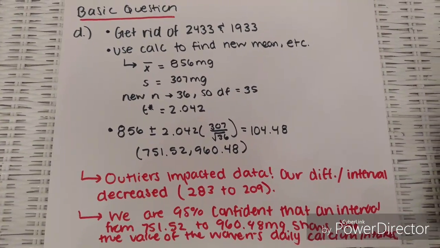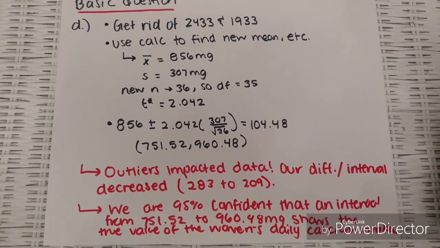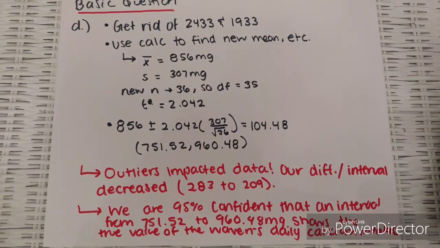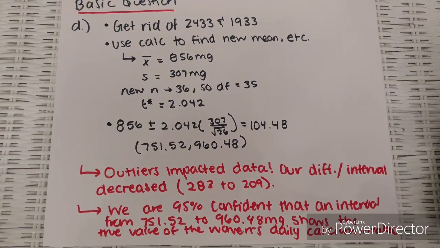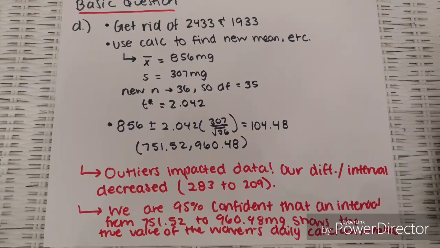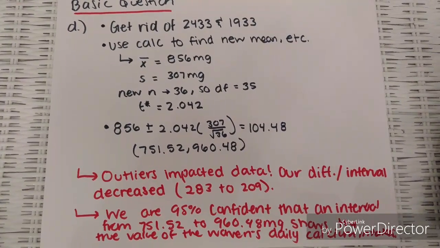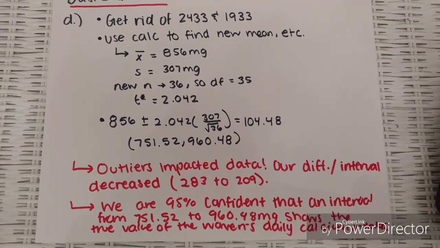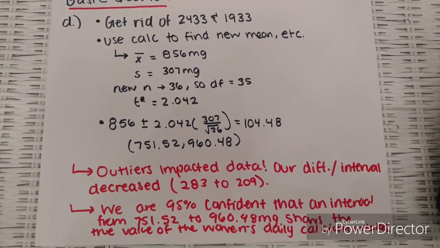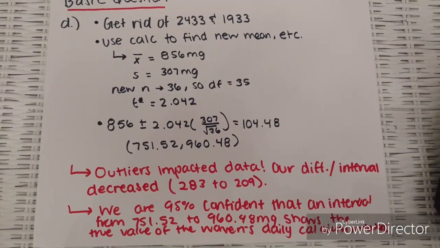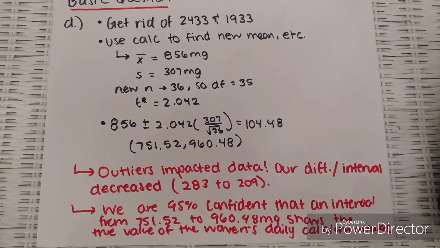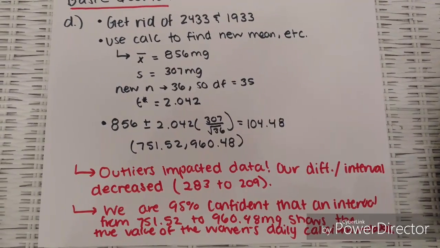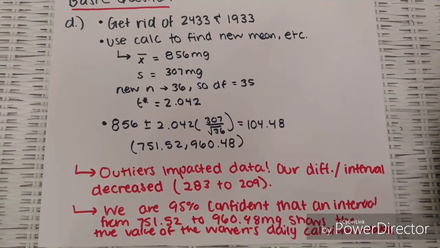So our new test that we're carrying out, when we plug that in, is 856 plus or minus our t star 2.042 times 307 divided by the square root of 36, which equals 104.48. So now our new confidence interval is 856 minus that value we just got, and 856 plus 104.48, to give us 751.52 to 960.48.